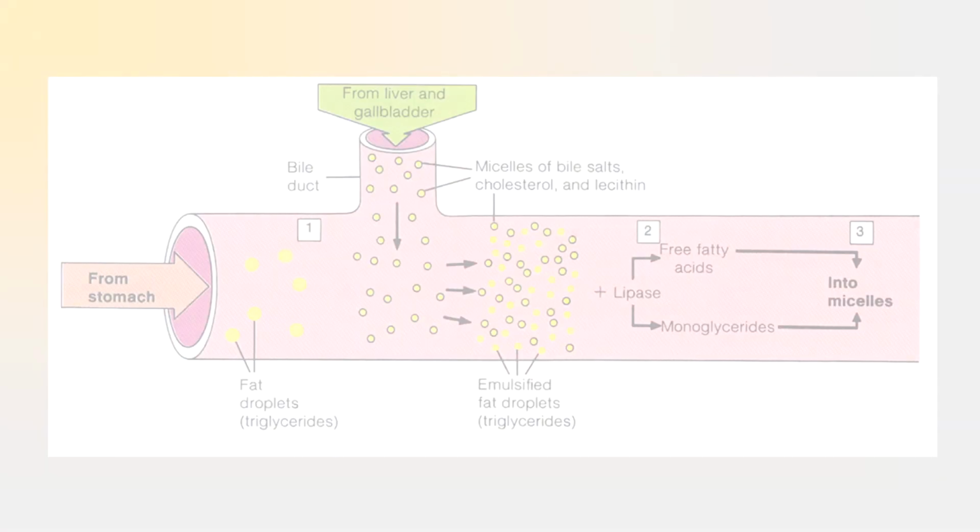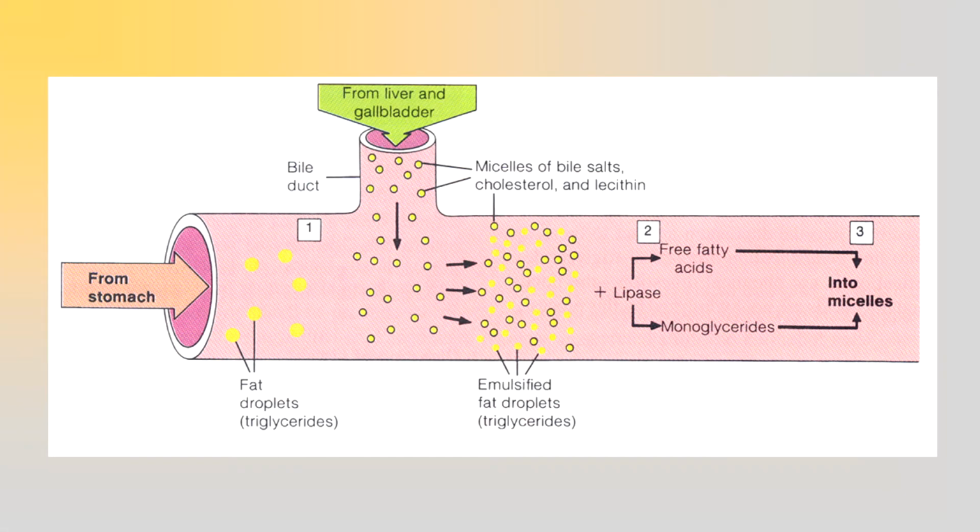And so this just kind of shows this pattern. So bile salts will emulsify fat droplets, and then lipase will hydrolyze these triglycerides into free fatty acids or monoglycerides, which are then packaged into molecules referred to as micelles.